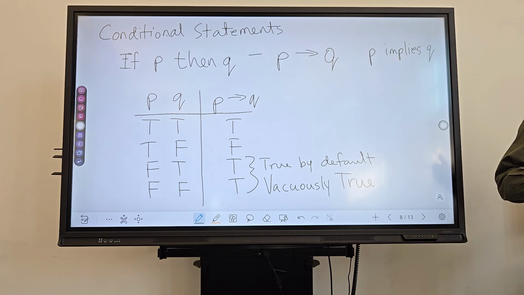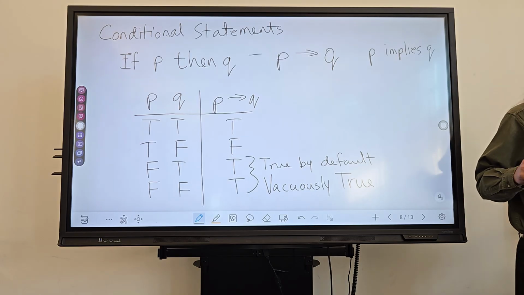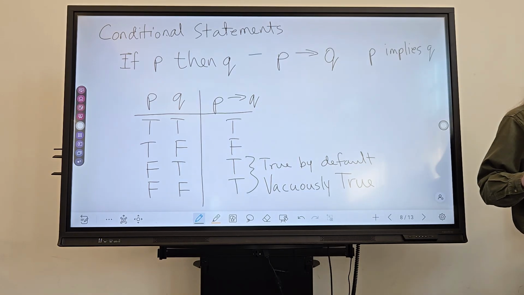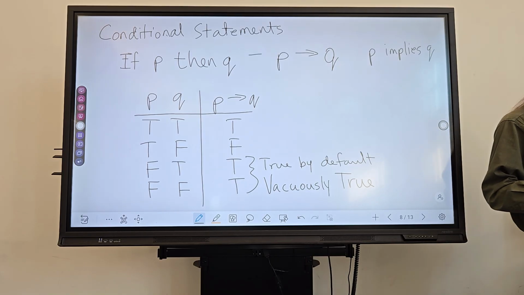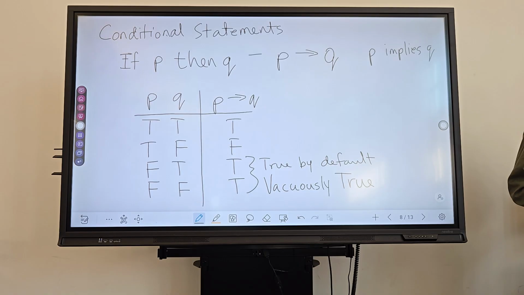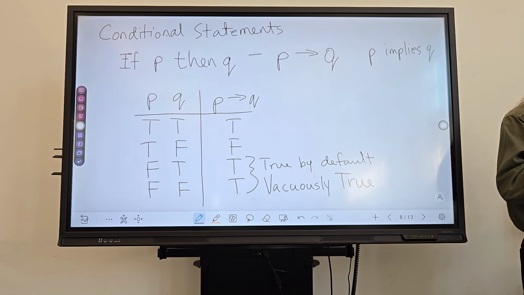Well, the hypothesis is false, so the overall statement is true, which might be a little odd. Because the hypothesis is false, the conditional is true. This is not saying that the second statement is true. It's just saying that the conditional is true.